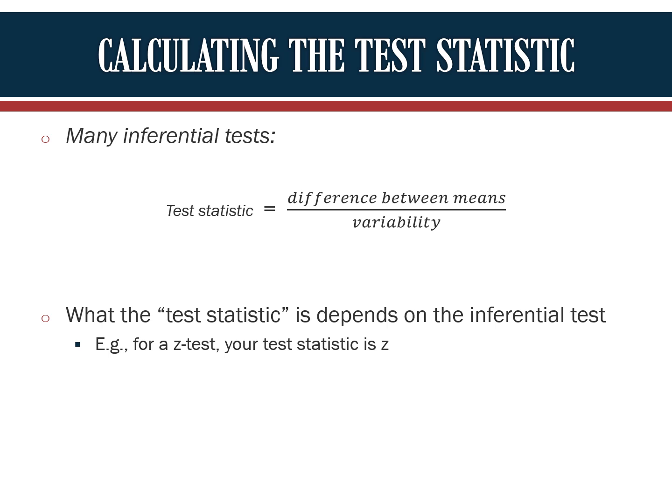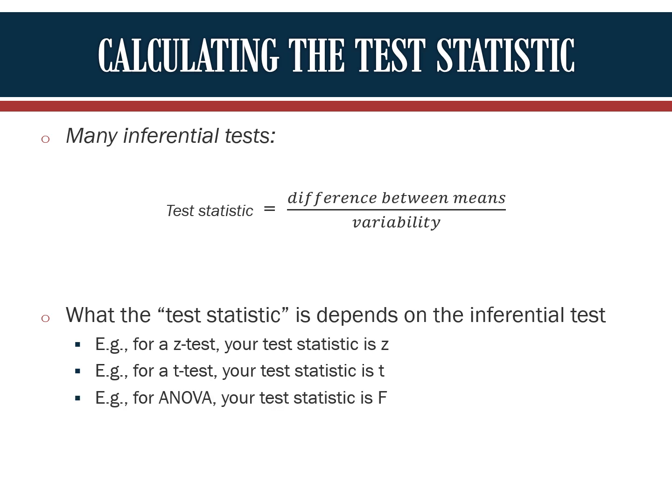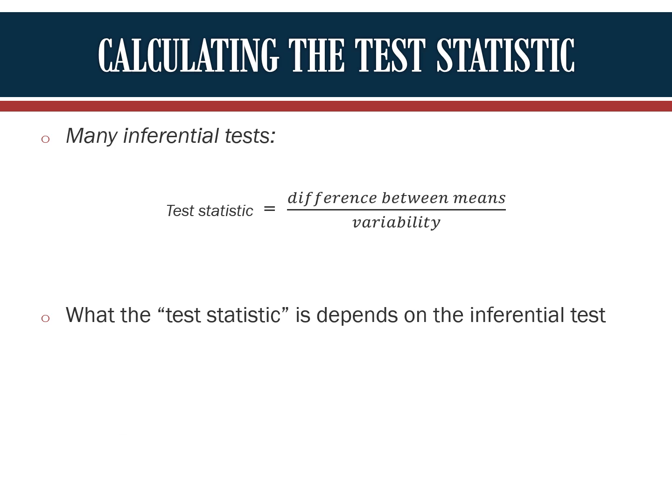For other tests, it's different. For a t-test, your test statistic is t. We'll talk about that the week after we come back from break. For ANOVA, your test statistic is F, which we'll talk about a little later on. For correlation, your test statistic is r, etc. So for each inferential test we do, it's a different test statistic, but ultimately they generally follow this basic outline, comparing our difference between conditions against variability.